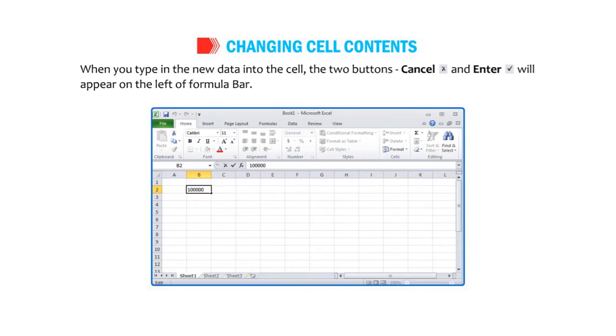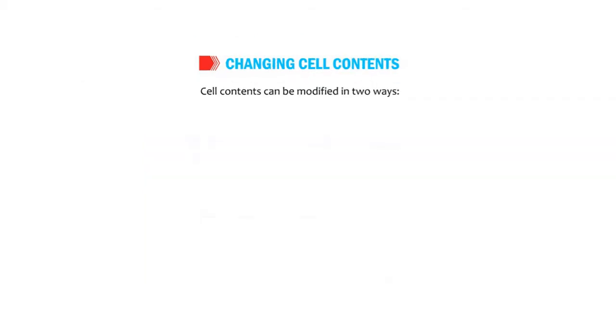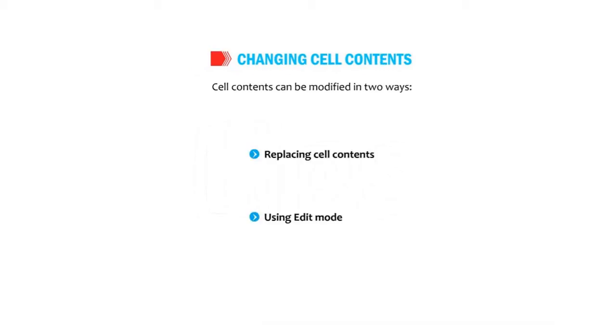When you type new data into the cell, the two buttons Cancel and Enter will appear on the left of the formula bar. Cell contents can be modified in two ways: replacing cell contents and using edit mode.